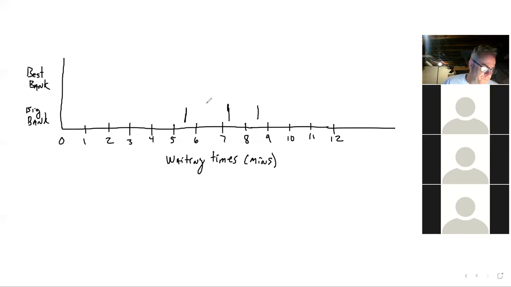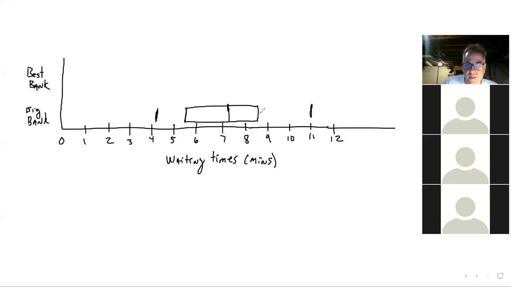Now, the minimum value was 4.1, so that's down about right there. And your upper value was 11, so that's right there. Then what I do is, from the lower quartile to the upper quartile and the median, I connect like this, so I make a box.